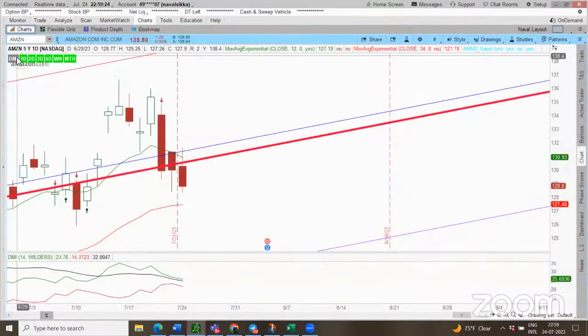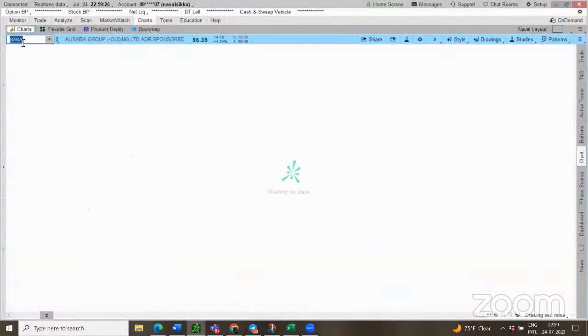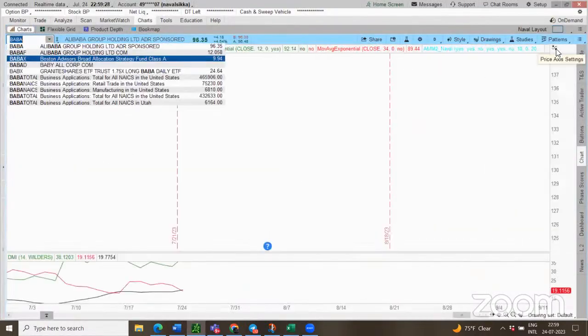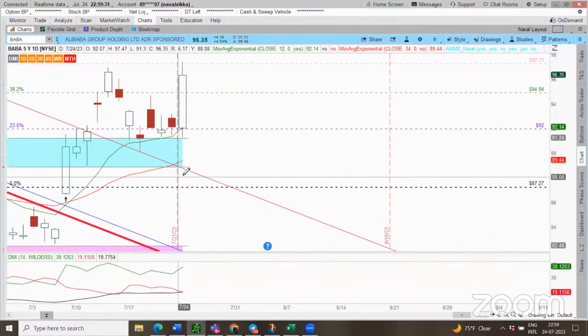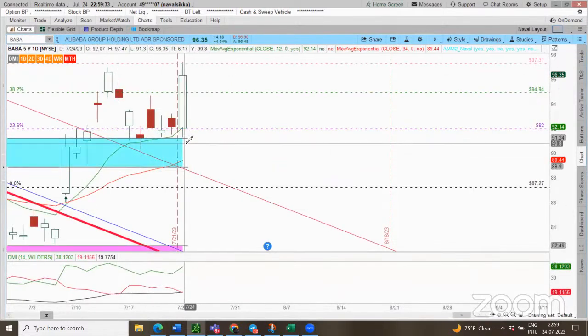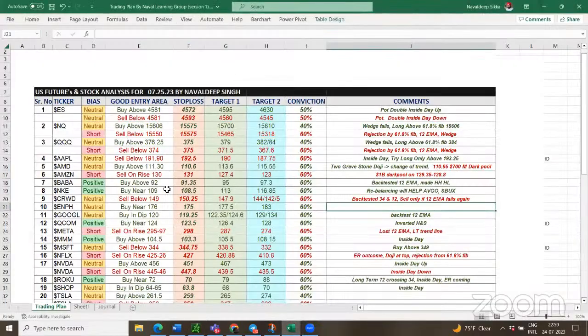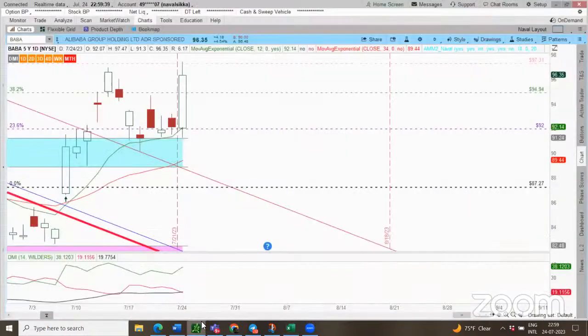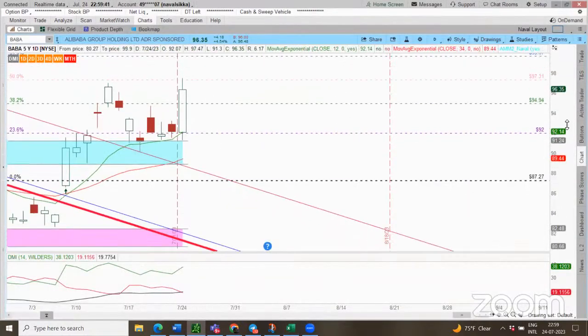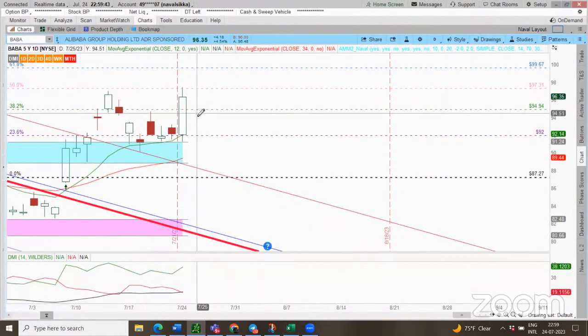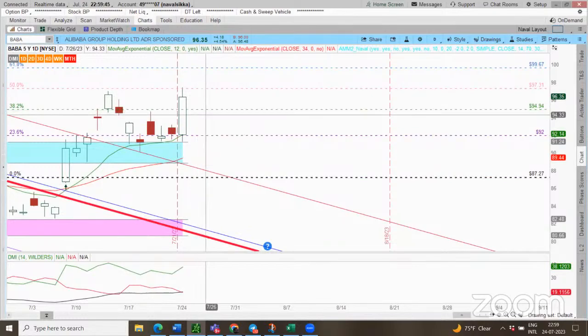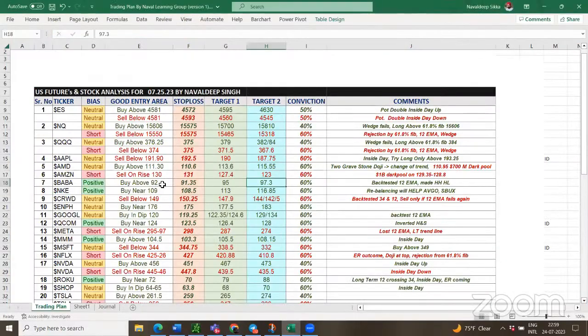Baba. So Baba, I did not carry, but Baba achieved my numbers to the point. Right from 92, it opened 91.30, which was my stop loss area. The low was around that, the high was around that. So Baba is all set. I'll try to buy Baba around 95 one more time.